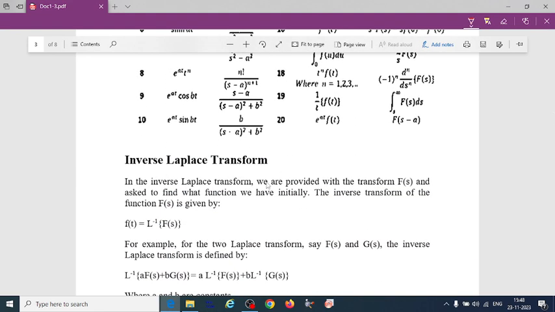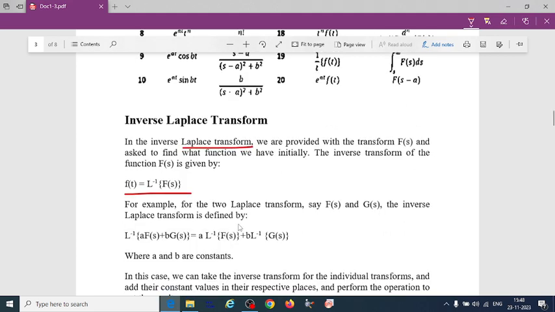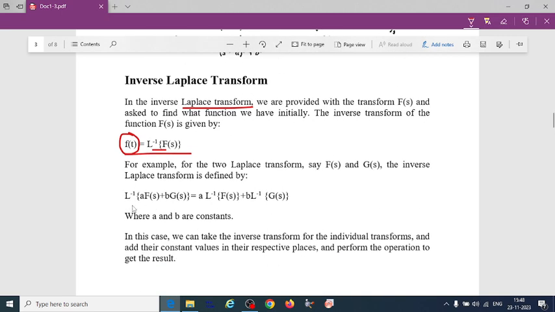So inverse Laplace transformation. As we know, Laplace transformation has an inverse Laplace transformation, like trigonometry and inverse trigonometry. So inverse Laplace transformation, as the name indicates, we can write the formula like this: f of t is equal to L inverse of F of s. So as usual, L of f of t is the Laplace transformation. If we take the L inverse, then we will get again the function f of t.